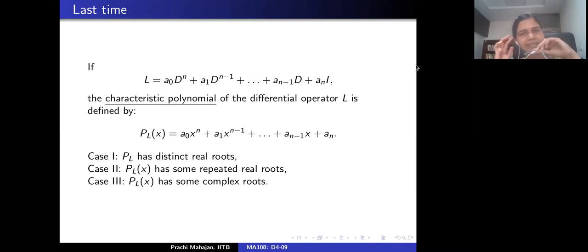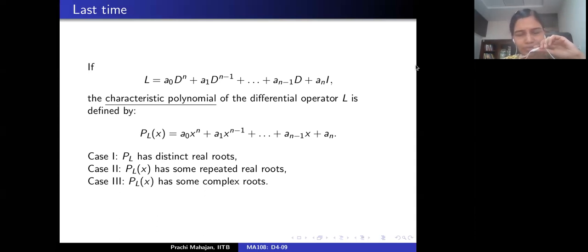If L is the nth order linear differential operator with constant coefficients as illustrated here on the slide, then we denoted the associated characteristic polynomial by P subscript L. Last time we discussed what happens when the characteristic polynomial admits distinct real roots, and what if it has some repeated roots.